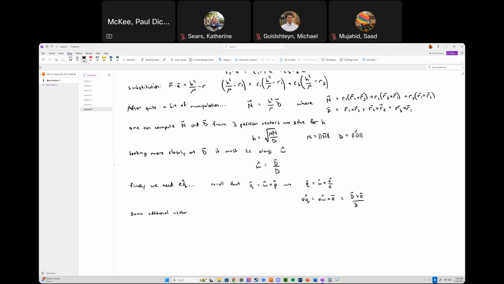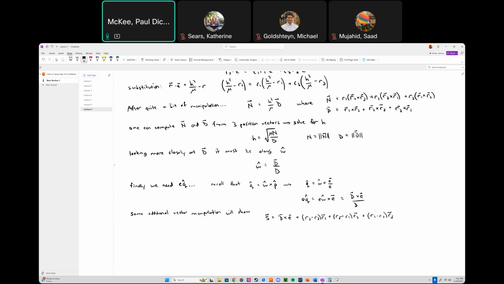Vector manipulation will show that S is D crossed with E, which you could just compute D crossed E. But this is also (R2 minus R3) R1 vector plus (R3 minus R1) R2 vector plus (R1 minus R2) R3 vector.